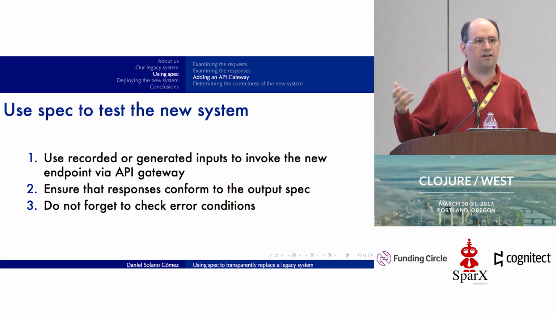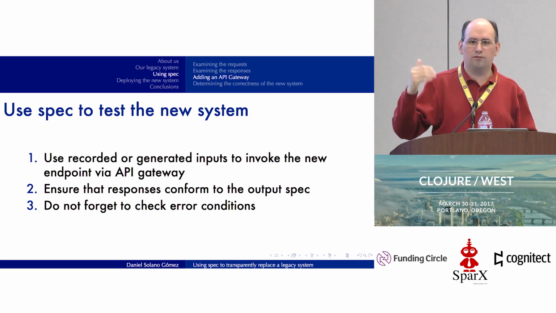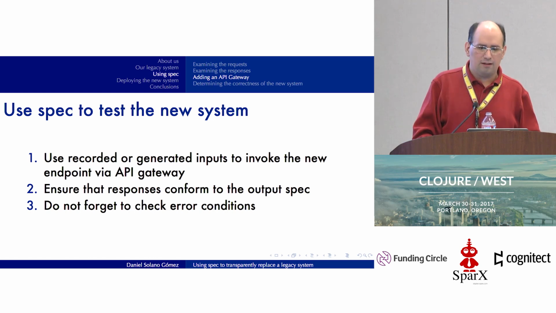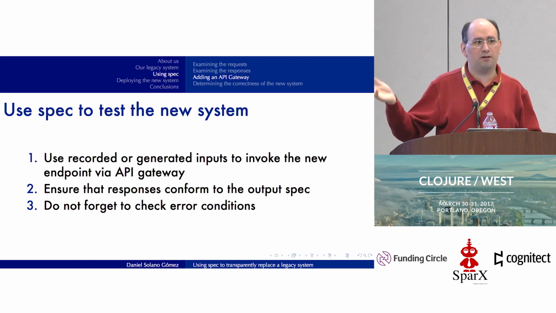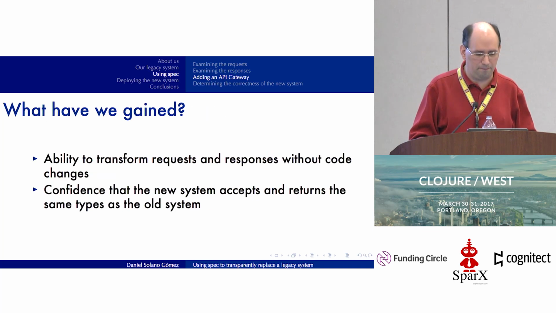And we're able to check that the responses we're getting at least conformed to the specification for the output. Don't forget, of course, errors are a part of your API, and you need to be sure that the errors you return also conform to the old system.